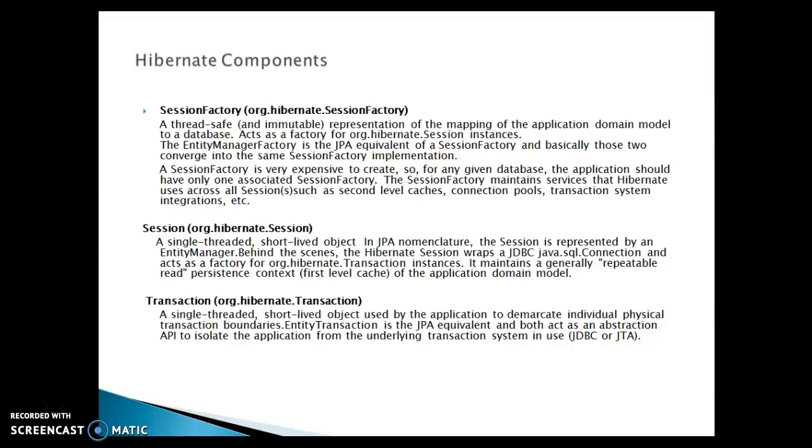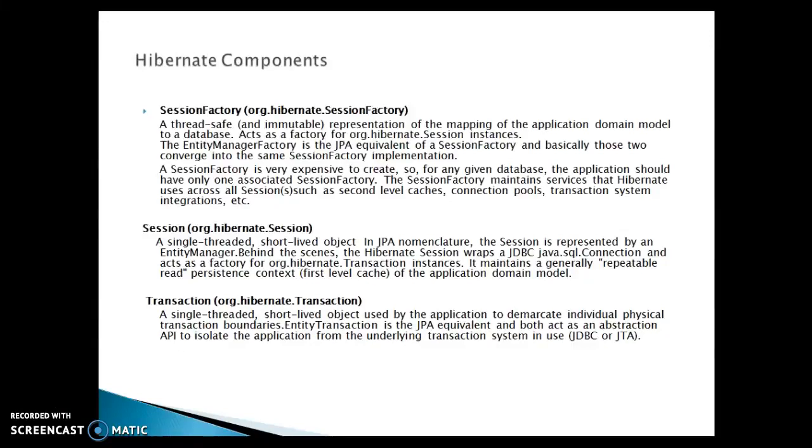A session factory is very expensive to create, so for any given database, the application should have only one associated session factory. The session factory maintains services that Hibernate uses across all sessions, such as second level cache, connection pools, transaction system integration, etc.